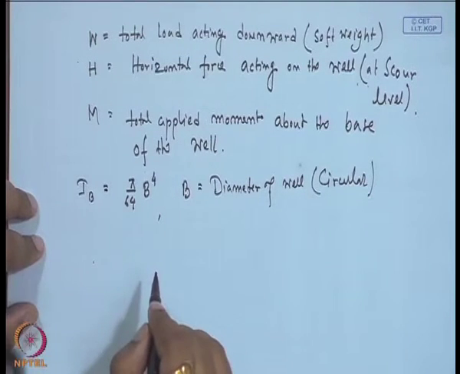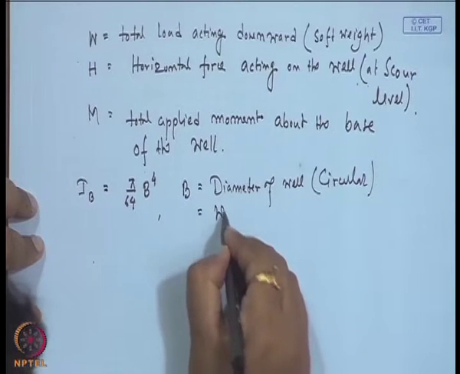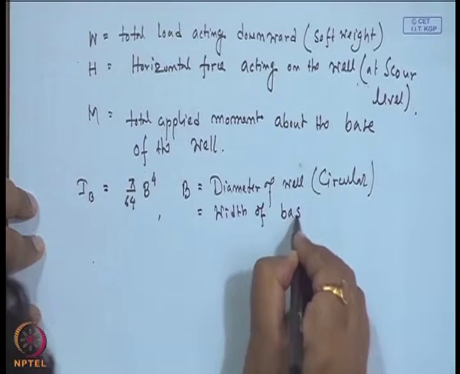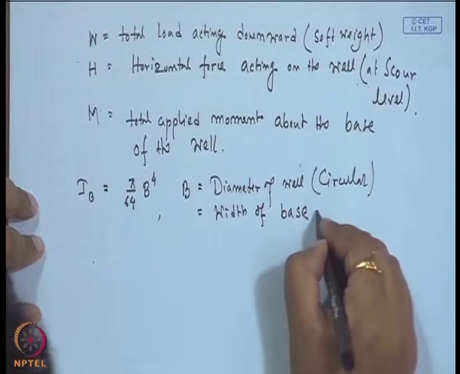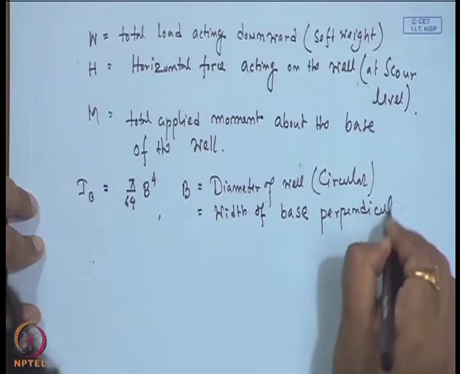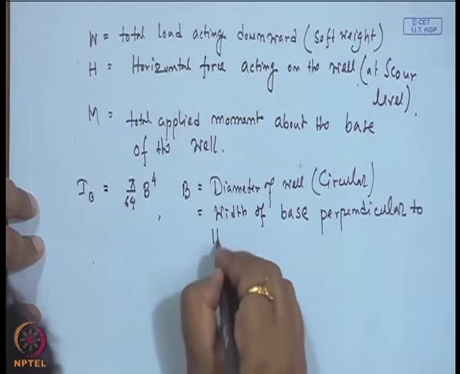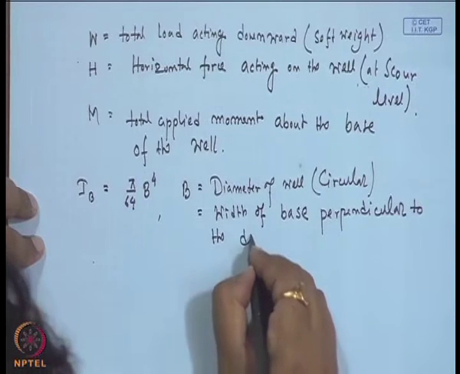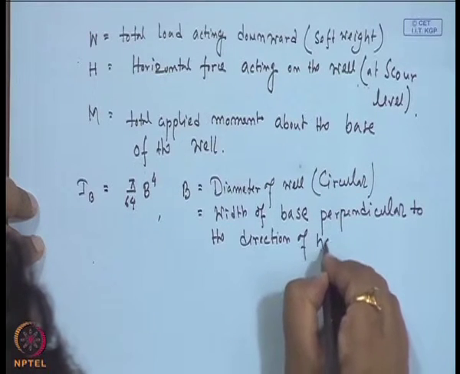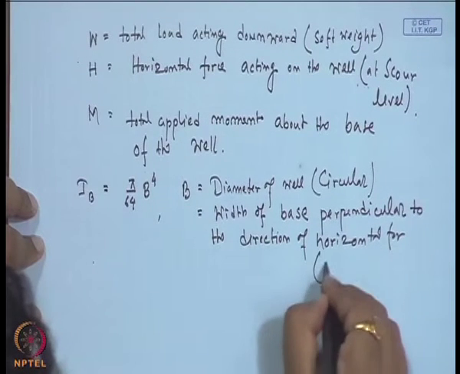If it is rectangular, then b is the width of the base perpendicular to the direction of horizontal force.